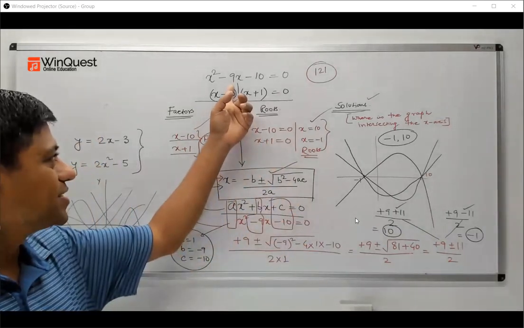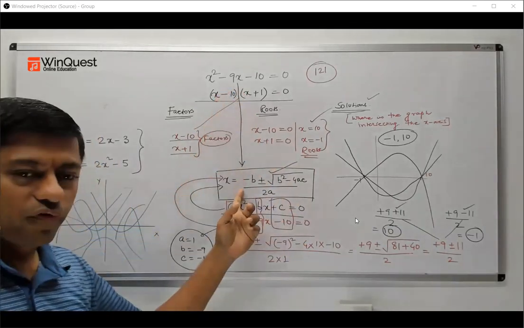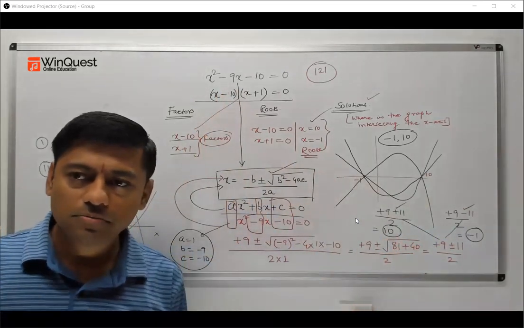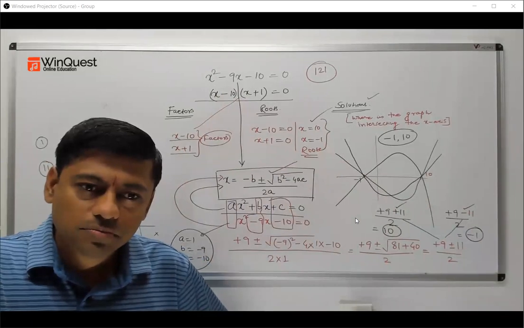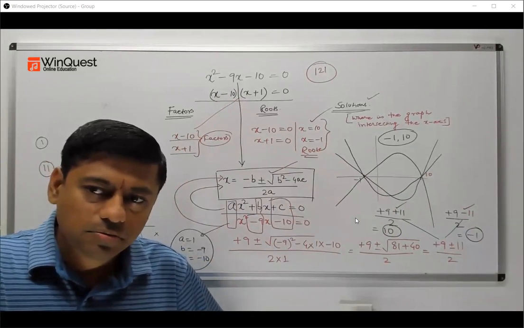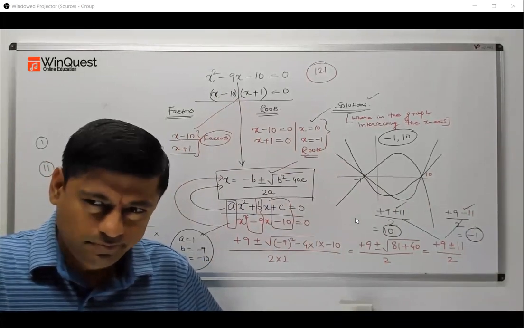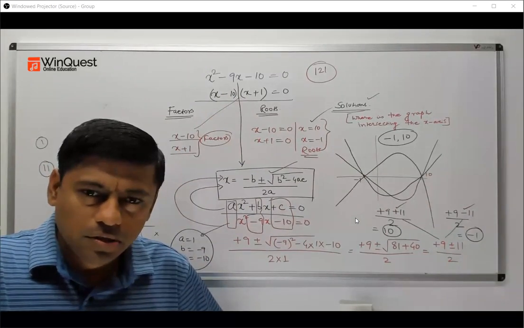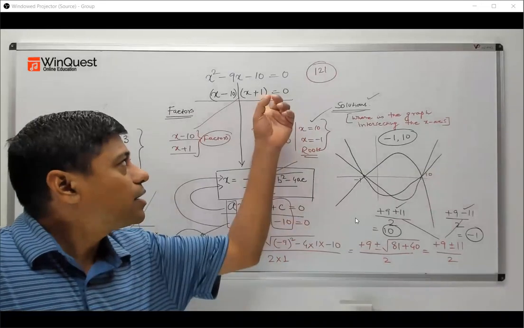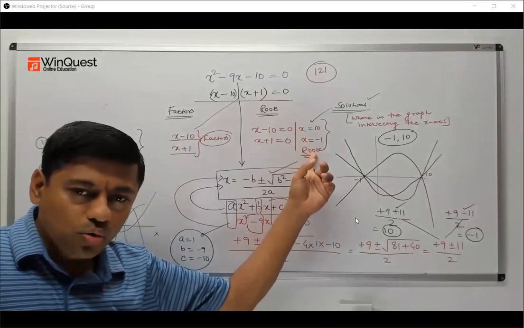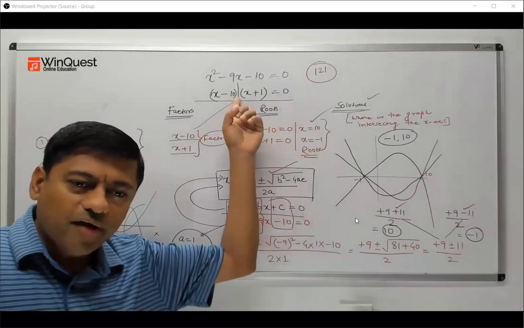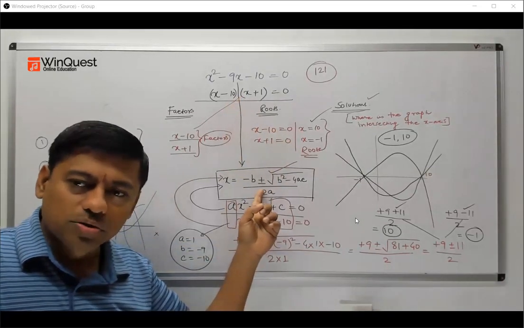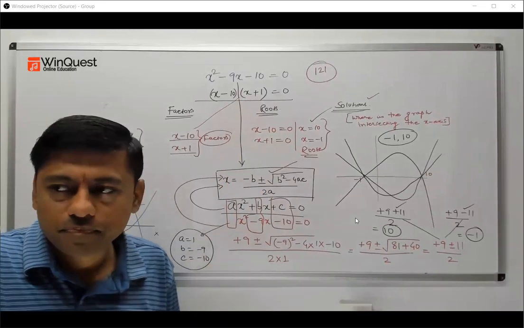I will take this equation, put it in the formula, and directly get the roots. No need of factoring. I still get the roots without factoring because I have a direct formula to find the roots. Are we clear?